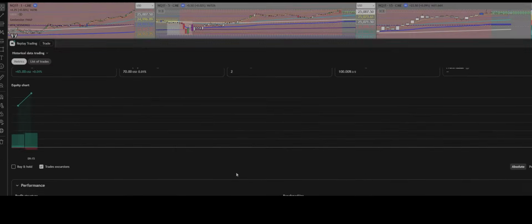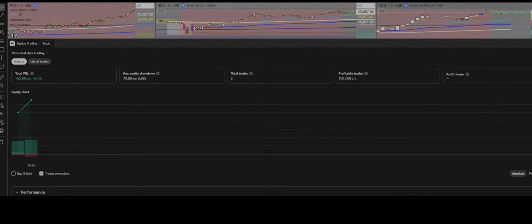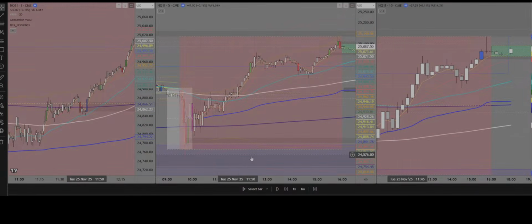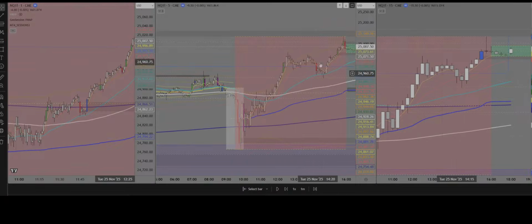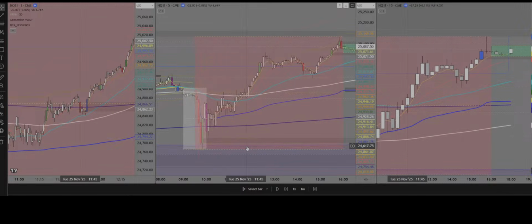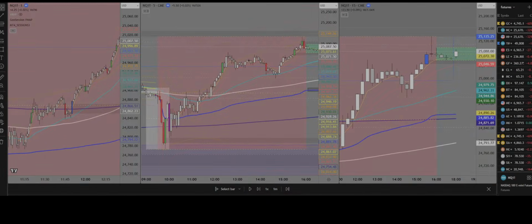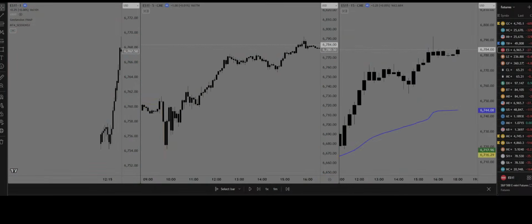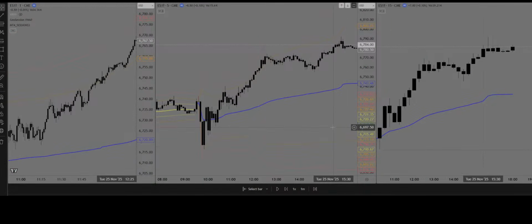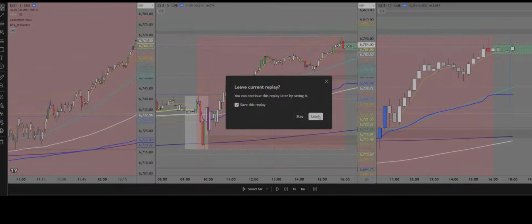I don't know what's up with this. Replay trading? That's weird. I've been trading Nasdaq for a long time, and ES kind of just lets me lull and go to sleep. But we turn off replay actually.